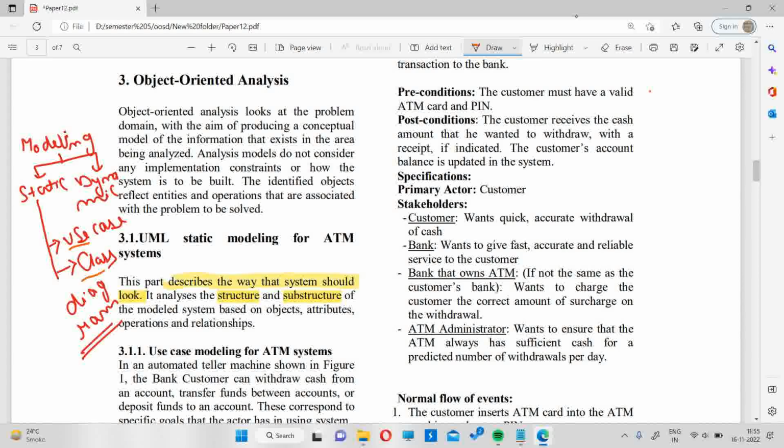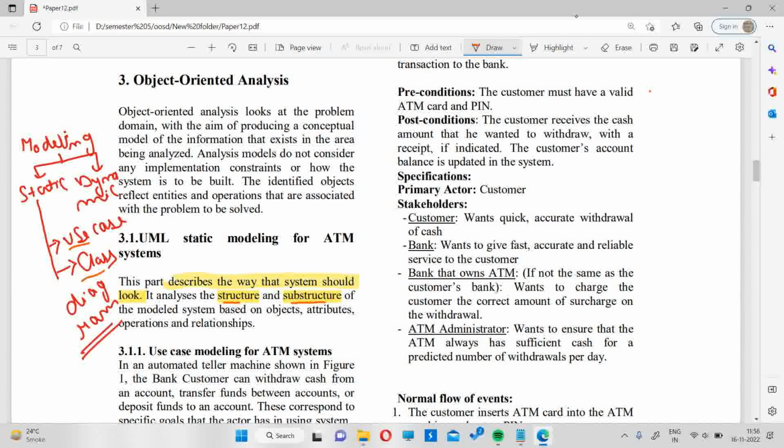Before discussing the diagram, it is important to understand what static modeling is. Static modeling focuses on how the system which we are going to design and build will look. It analyzes the structures and substructures on which the system will be based.